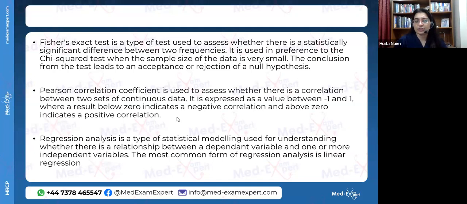Fisher's test is used where you want to see the significance between two frequencies. The Pearson coefficient is where you want to see the correlation between two sets of data. And regression analysis is where you want to see whether there is a relationship between the dependent variable and an independent variable.